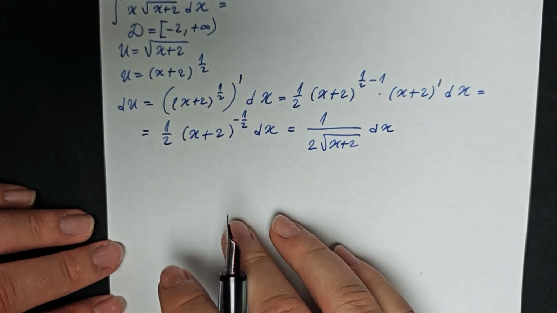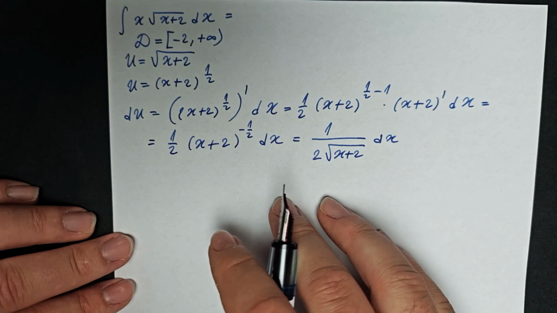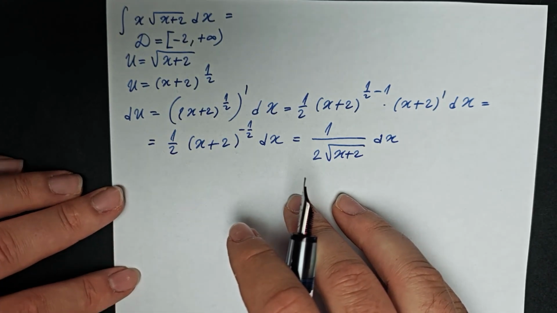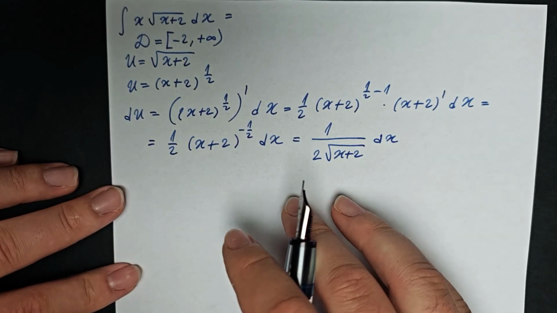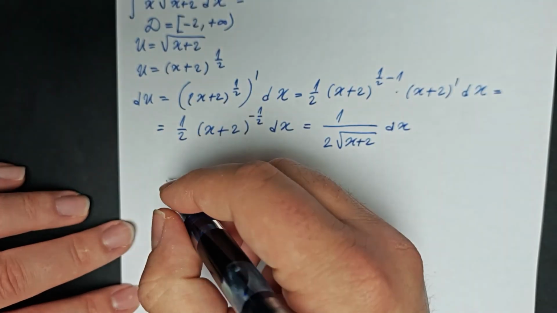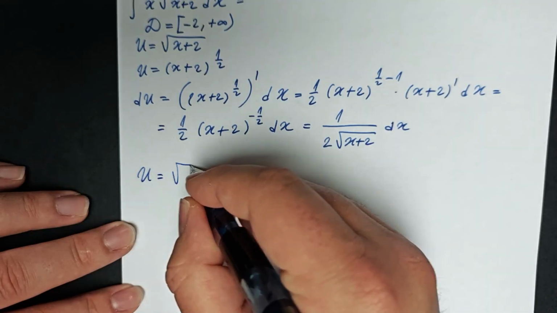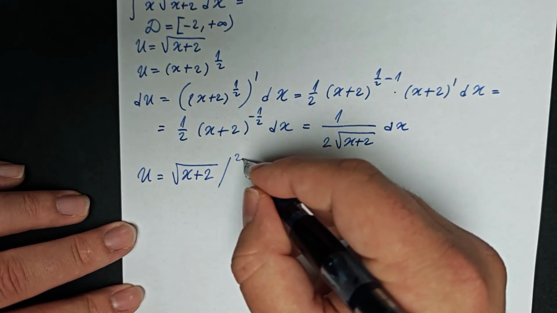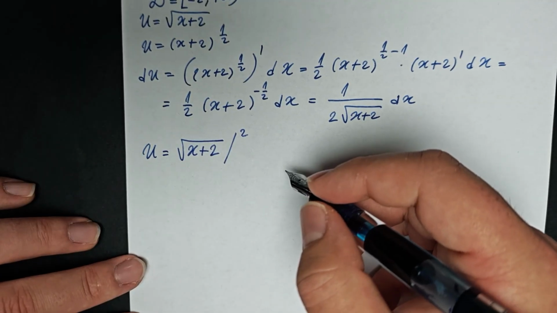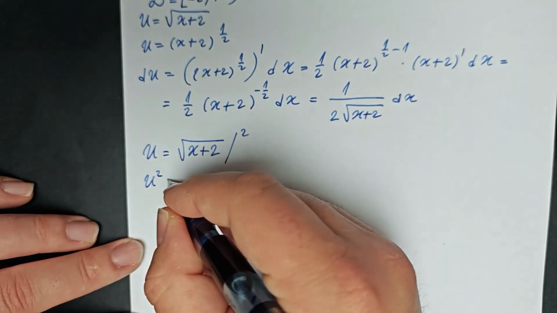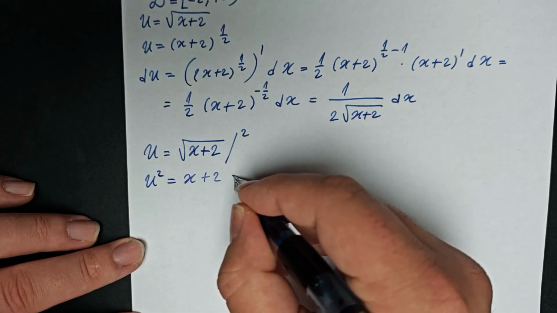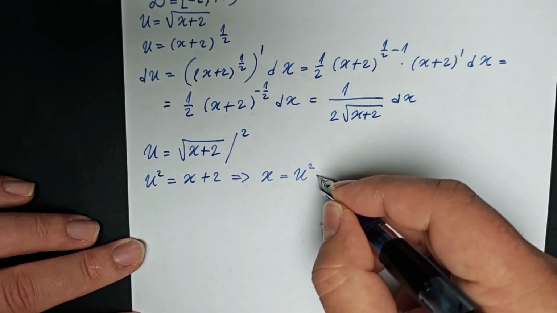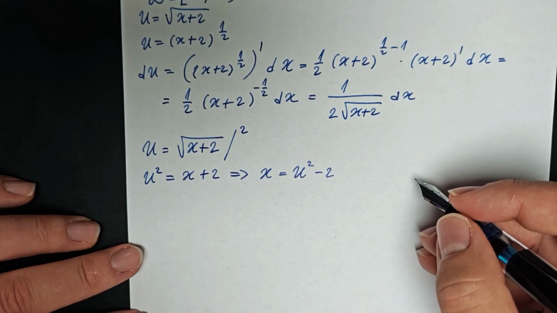Here you run into some problems. As you can see now, you have to get a connection from x to u. We are going to get that from the substitution. The substitution is u is equal to the square root of x plus 2. We are going to square this expression, and we get that u squared is equal to x plus 2, and that will give us that x is equal to u squared minus 2.